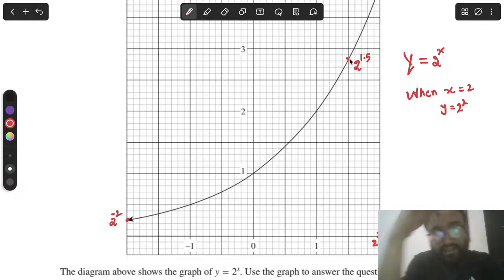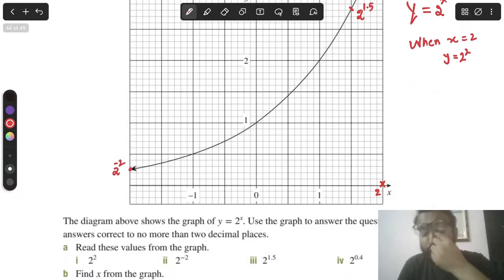In the last 1 week onwards, we evaluated these kinds of numbers only. With the graph, we can directly read what the value of 2 power 1.5 is. It is about 2.8. So with the graphs, we can access these kinds of complicated decimal powers.